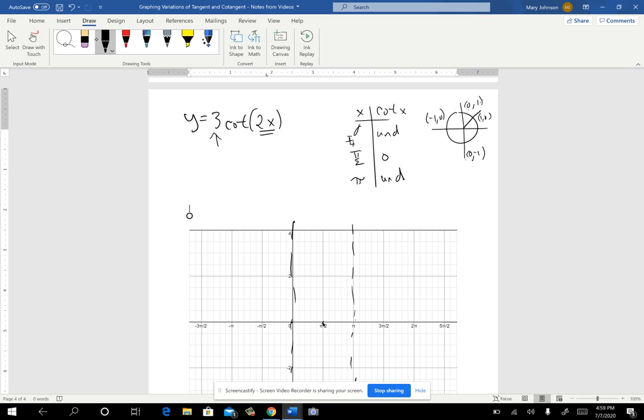And then we looked at pi over 4. Pi over 4 turns out to have a cotangent value of 1, because on the unit circle, the x and the y coordinates there would both be square root of 2 over 2. And then if you go around to 3 pi over 4, that's over here.